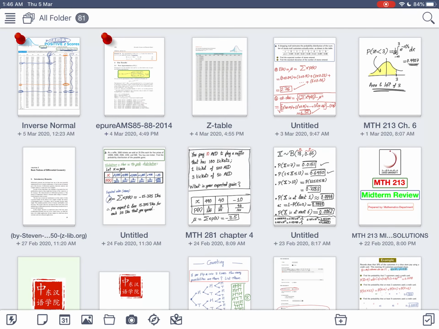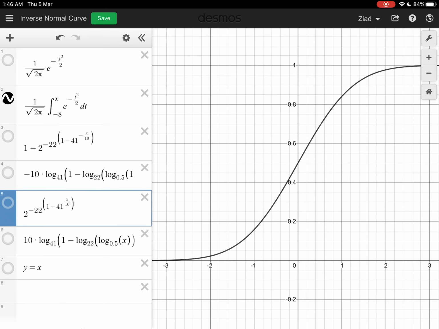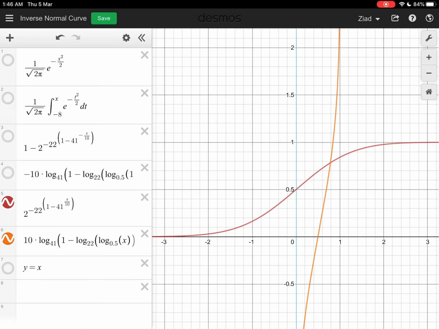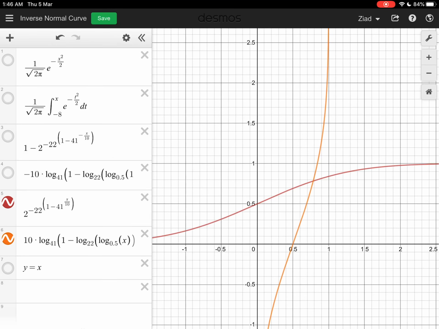And one nice thing for you to see before I close is this. If you want to check that these two functions are inverses of each other, I just want to talk to you because students like to see these things. How to check that two functions are inverses on a graph?